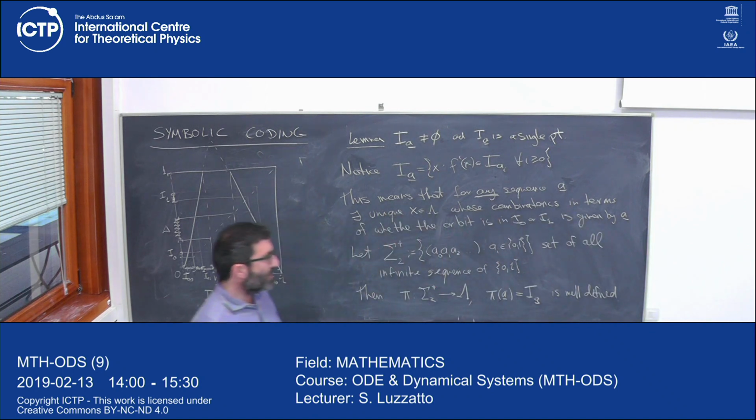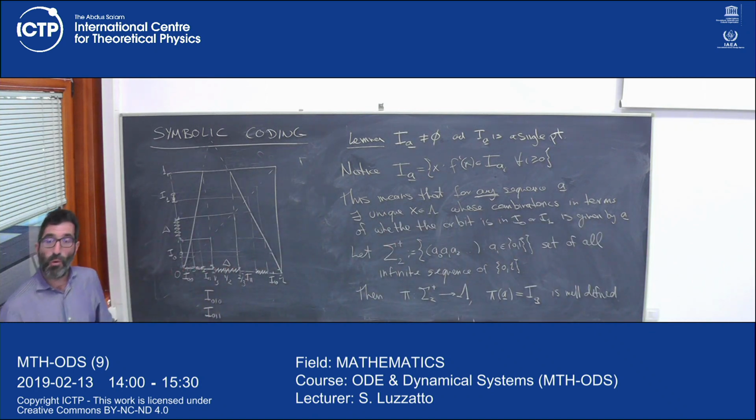And we would like to say that it's a bijection. So what do we need to say that it's a bijection? We need to say that it's injective. So why is it injective?